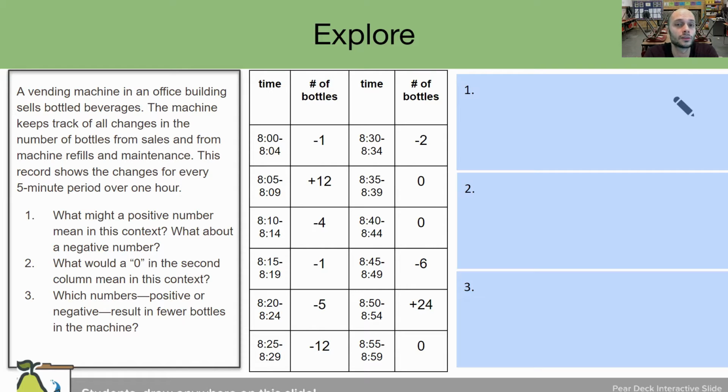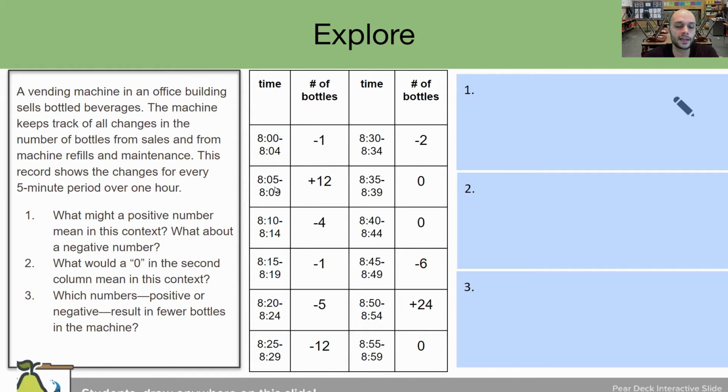Since the machine is losing bottles because we are purchasing it, even though the machine is gaining money, the amount of bottles the machine contains is less. Therefore, when we see negative numbers, you should be thinking that the amount of bottles is going down. Negative means less. So in this case, from 8 in the morning to 8:04 in the morning, when we are at -1, it means that this machine lost 1 bottle, right?